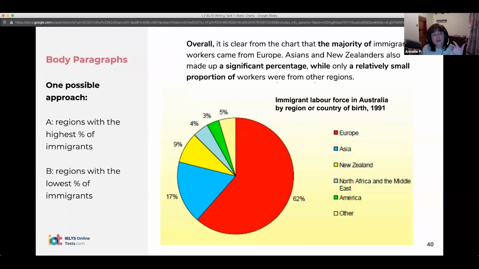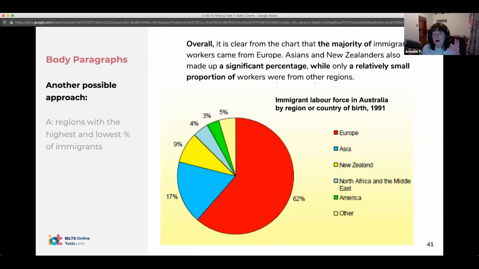However, you could put the highest and the lowest, because they're the ones that stand out, and then all the ones in the middle. Okay, I don't think that's going to work so brilliantly in this case, because we've got a lot of very small numbers, but it is a possible one, and sometimes you have a big number and a small number, and then everything's grouped together in the middle.